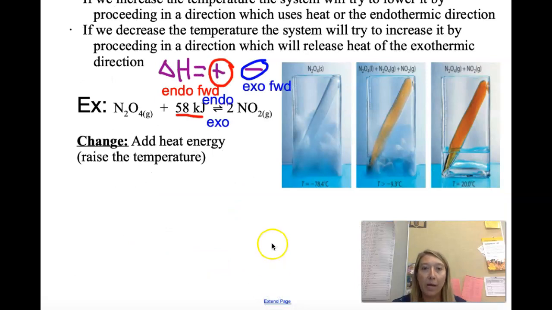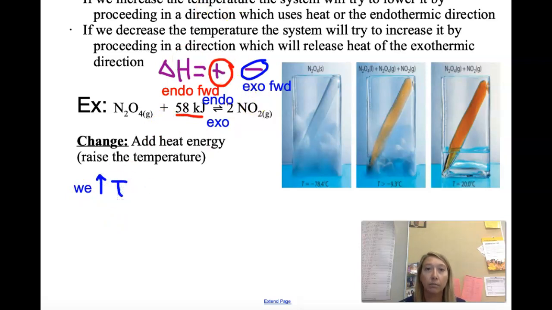So again, going back to our example, we've already decided that the forward is endo and the reverse is exo because we had the heat term on the reactant side. So the change is to add heat energy. That means we just increased the temperature, right? That's what we did by adding heat.